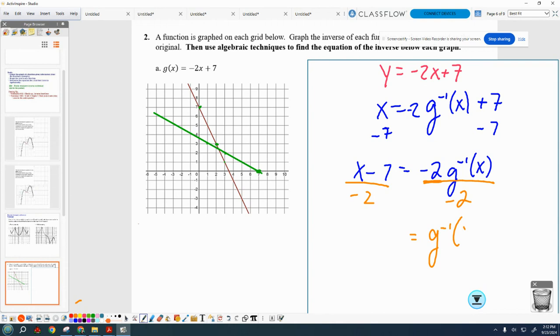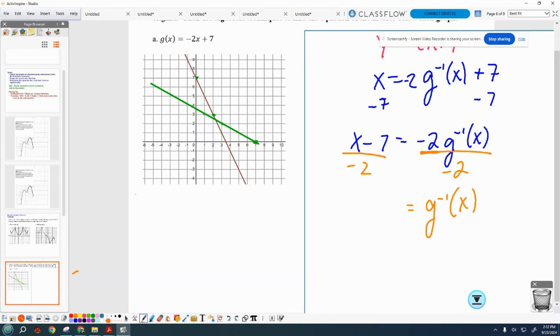So g inverse of x equals, I don't want it left like this. Isn't there something specific that form is better for? Not a lot. You don't want to keep it a fraction?